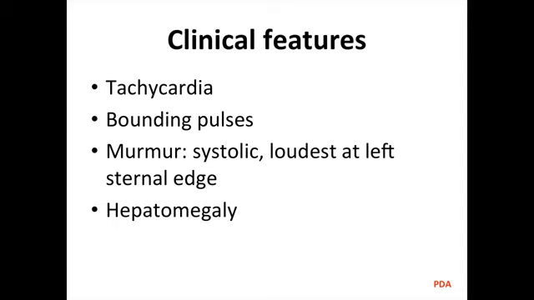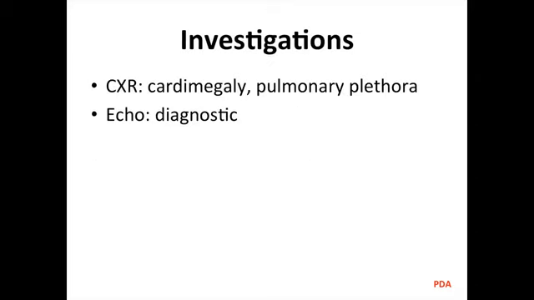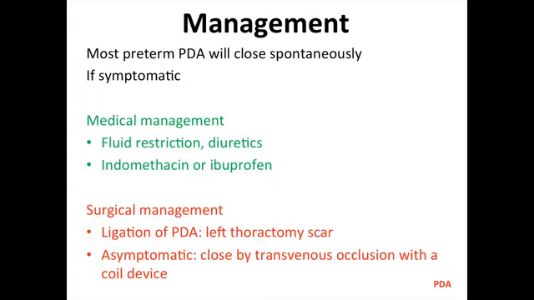The clinical features of a PDA include tachycardia, bounding pulses, a murmur, and hepatomegaly, which would indicate the development of heart failure. Investigations include chest X-ray and echocardiogram. Most preterm PDAs will close spontaneously, but if symptomatic, some form of medical or surgical management may be indicated.